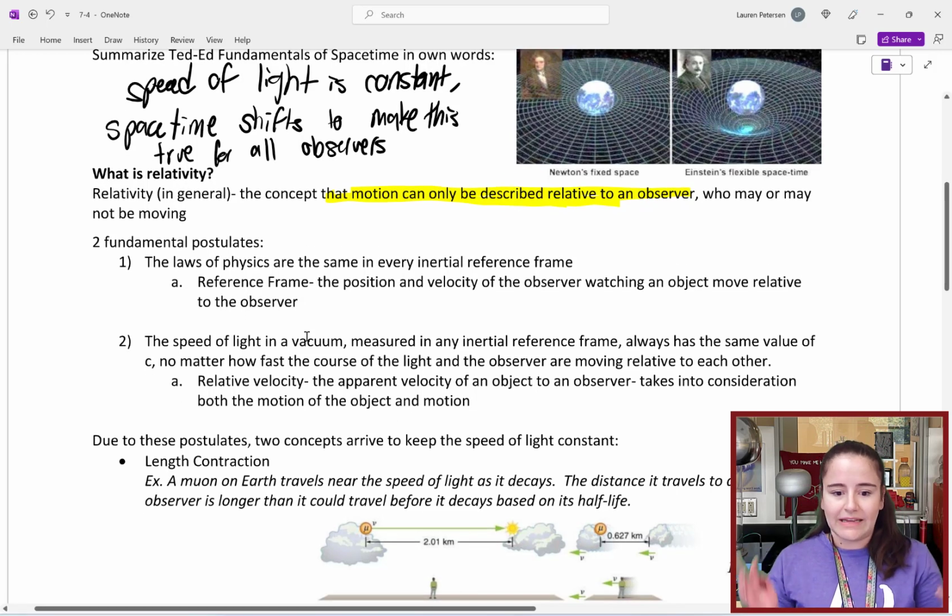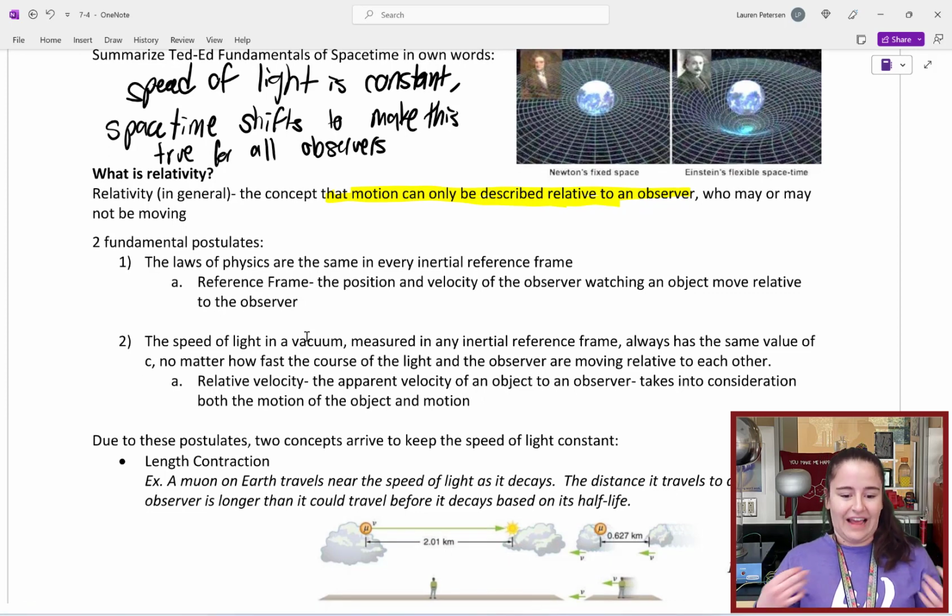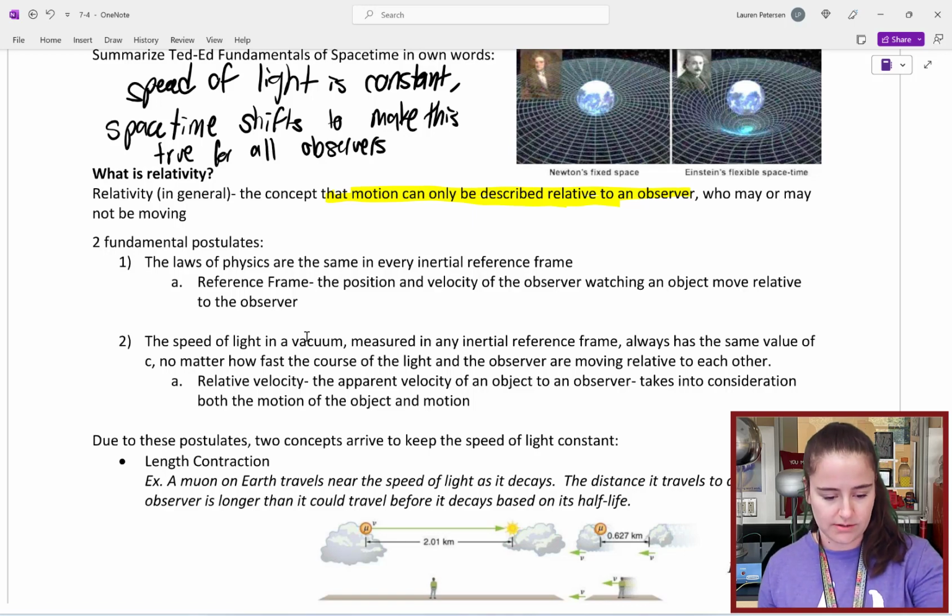Basically, if the speed is distance over time, that should be the same no matter who's looking for it. And that speed is the same. So I'll show you a little bit of how this kind of works.